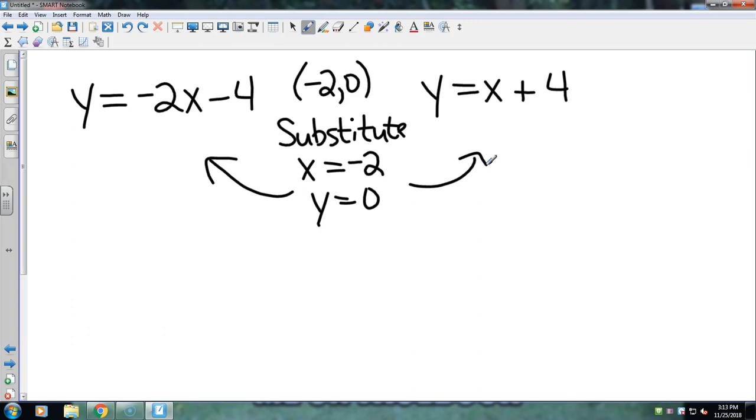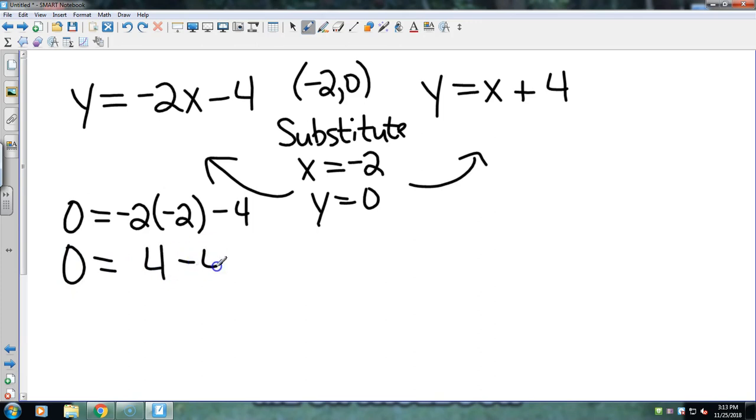So over here, everywhere I see a y, I'm going to replace it with 0. Everywhere I see an x, I'm going to replace it with -2. -2 times -2 is +4. And 4 minus 4 is 0. So far, this one works.